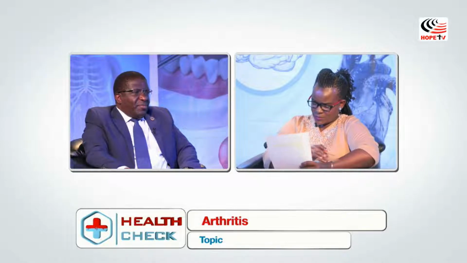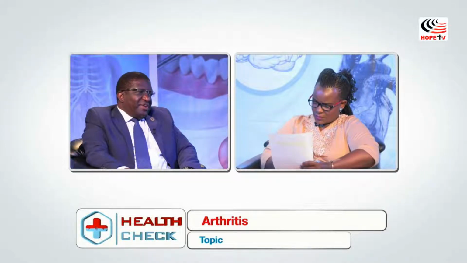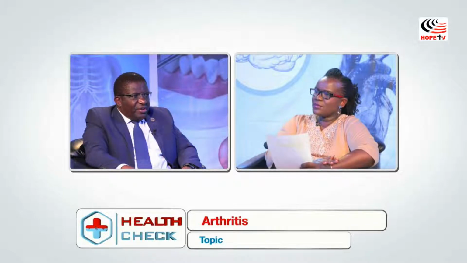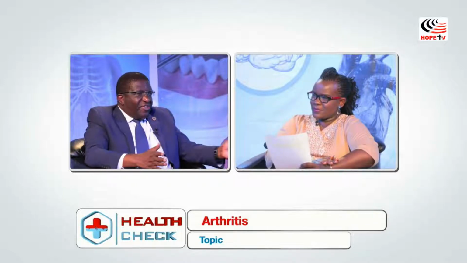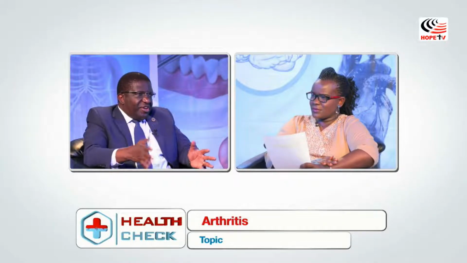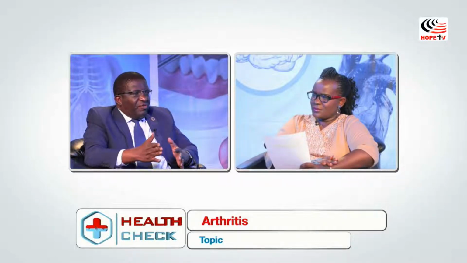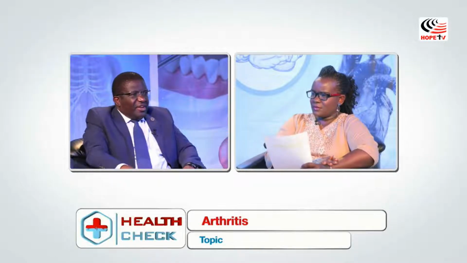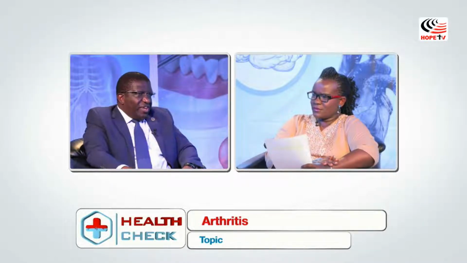If, for example, you have arthritis and you are identical twins, the chance of the other one having arthritis is about 25%. But if you are first-degree relatives or non-identical twins, it's about 10% in comparison to the general population.